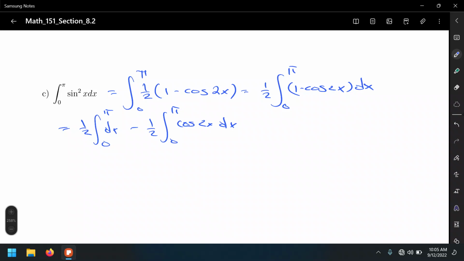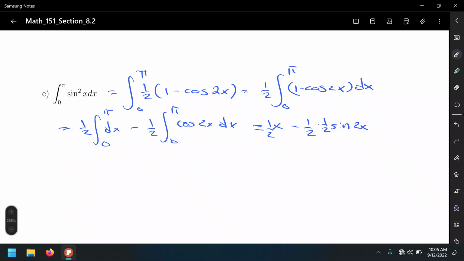The first integral, the integral of dx, is just x, 1/2 x rather, don't forget about the factor outside, and minus 1/2 the integral of cosine, which is sine 2x times another half.